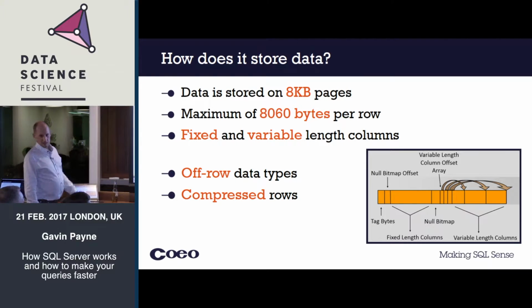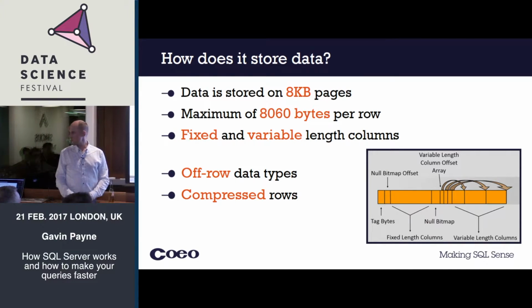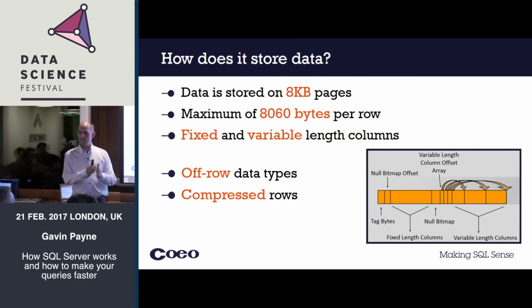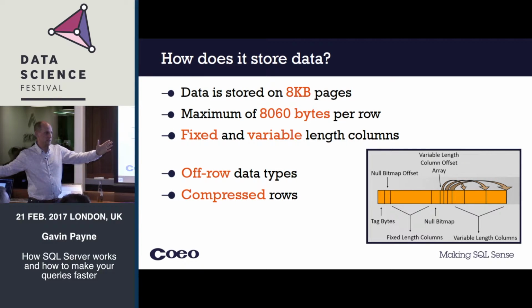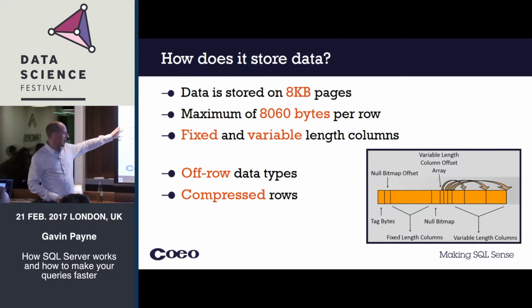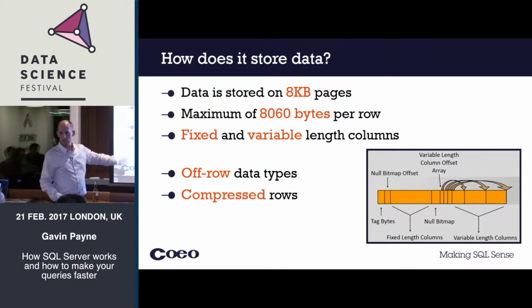You can store data in a column that's up to 2 gigabytes, so there are some very large data types. They're known as off-row data types because essentially you only store a physical pointer in that row, and that pointer goes to a big binary bucket somewhere else. So there are varbinary, varchar, nvarchar, and XML data types, and they sit in this extra little feature set.